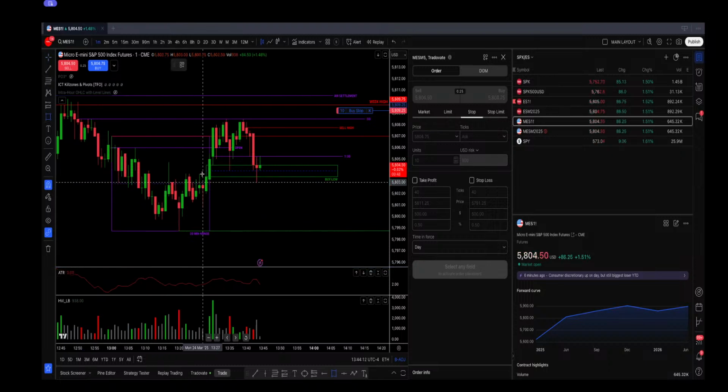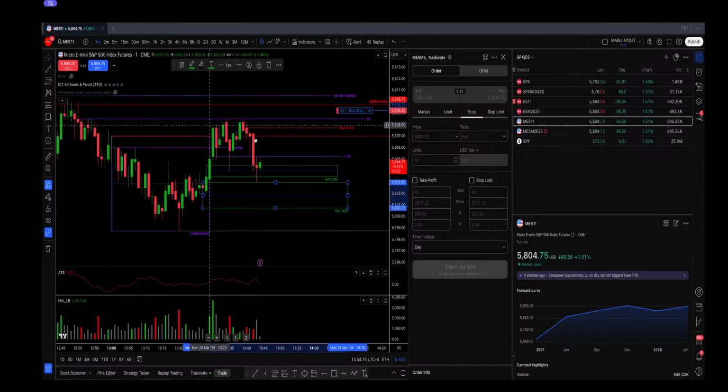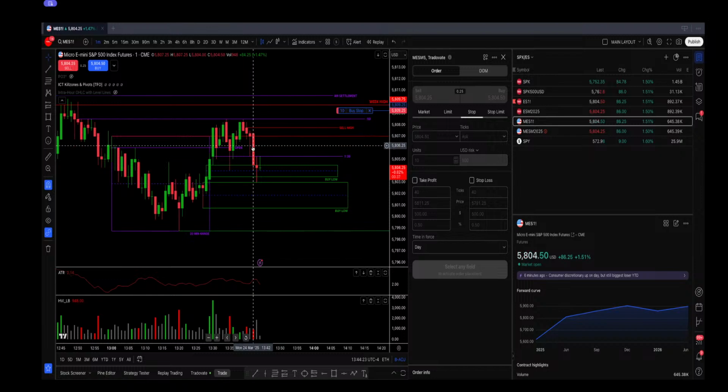And then maybe this block here. This is a seller's candle. One more minute.